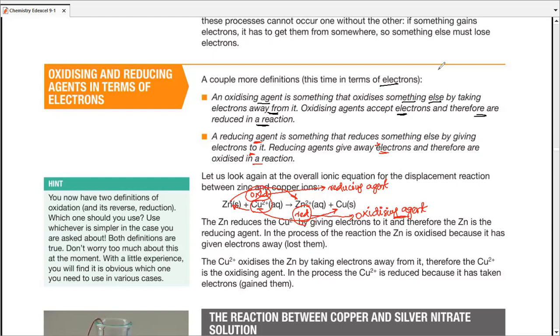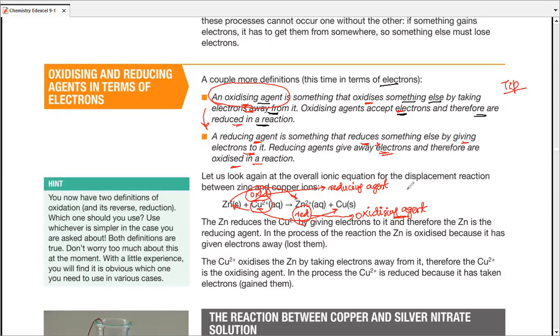So I think I get confused in those. Okay, if you get confused in those, here is a quick tip. Remember that you need to only remember one of these. The other one is the exact opposite. If we write oxidizes over here, we write reduces over here; take electrons away, give electrons to them; give away electrons, accept electrons; oxidized, reduced.